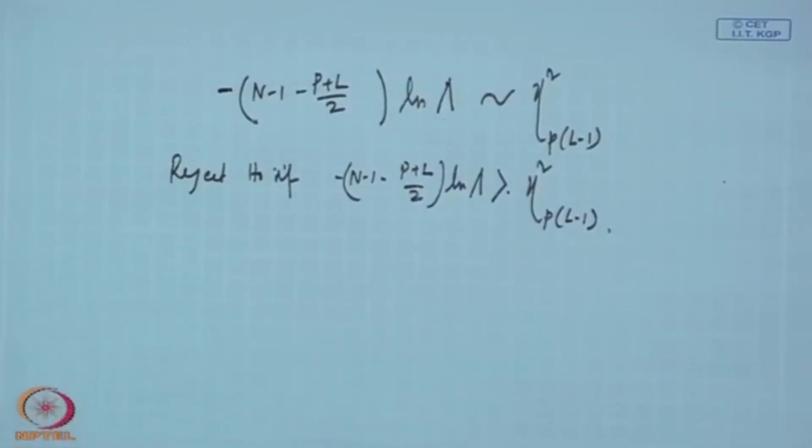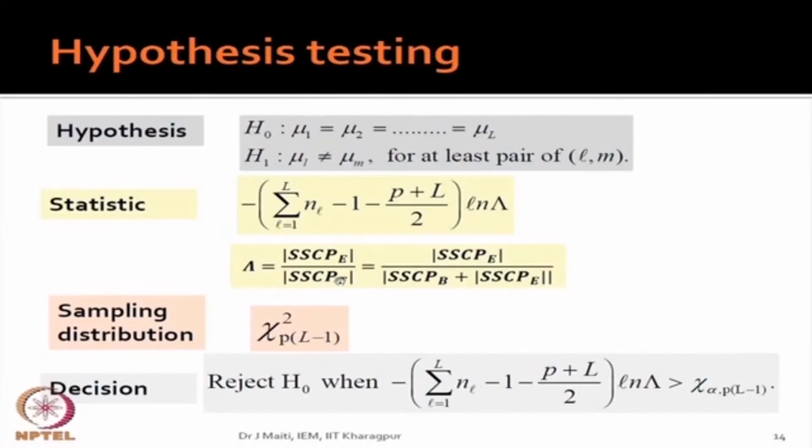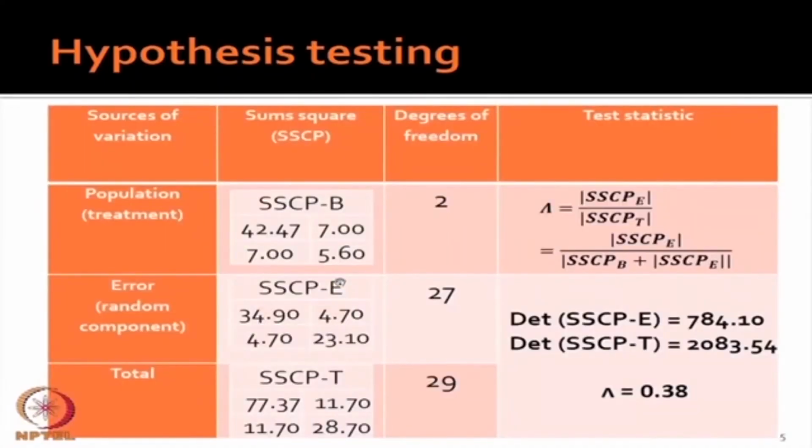Now, we will see for the given problem what the status is. You see the slide. SSCP B we have already computed, 42.4770 like this, SSCP E is also computed, SSCP total is also computed. Our capital N is 30. So, the degrees of freedom, I hope there will be no problem: 29, 27 and 2.